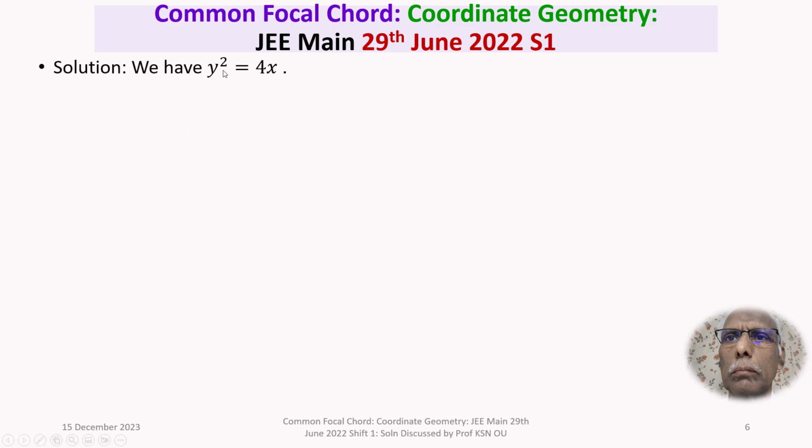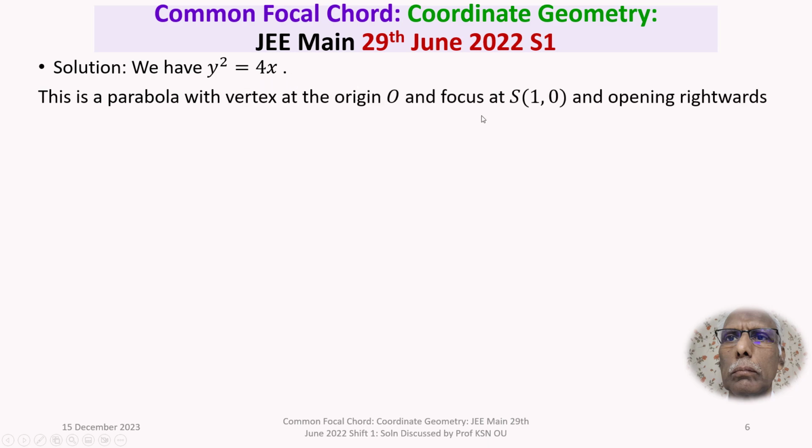We have y square is equal to 4x. What is it? It is a parabola with vertex at the origin and focus denoted by S at (1, 0), opening right. If you compare the equation of the given parabola with the standard equation of the parabola y square is equal to 4ax, you will get 4a is equal to 4.